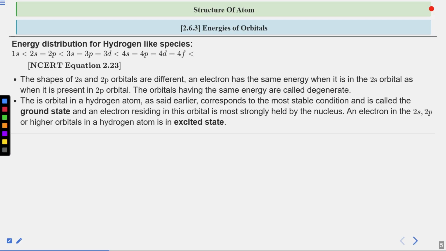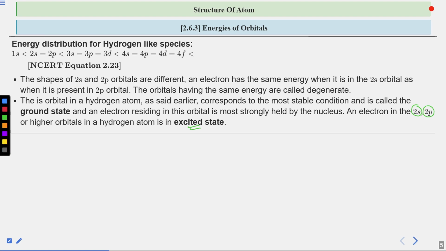Next, if your electron is not in the lowest state, and is instead in 2s, 2p or higher orbitals like 3s, 3p or 3d, then your hydrogen atom will be in the excited state. We have already seen this in the atomic spectra. Then what happens when we increase the energy of the hydrogen atom.